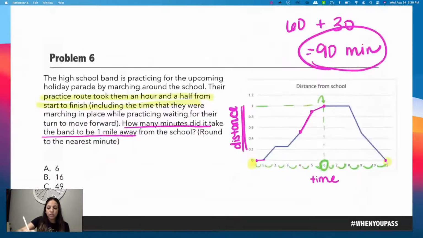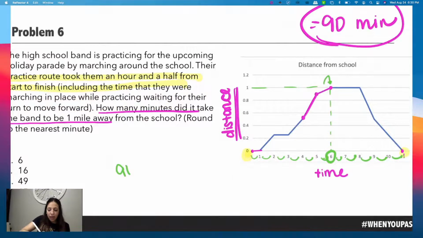So what I'm going to do is take my 90 minutes and divide that by 11 to figure out what each one of those sections represents. So 90 divided by 11 equals 8.18 repeating. That means that this is 8.18 minutes.